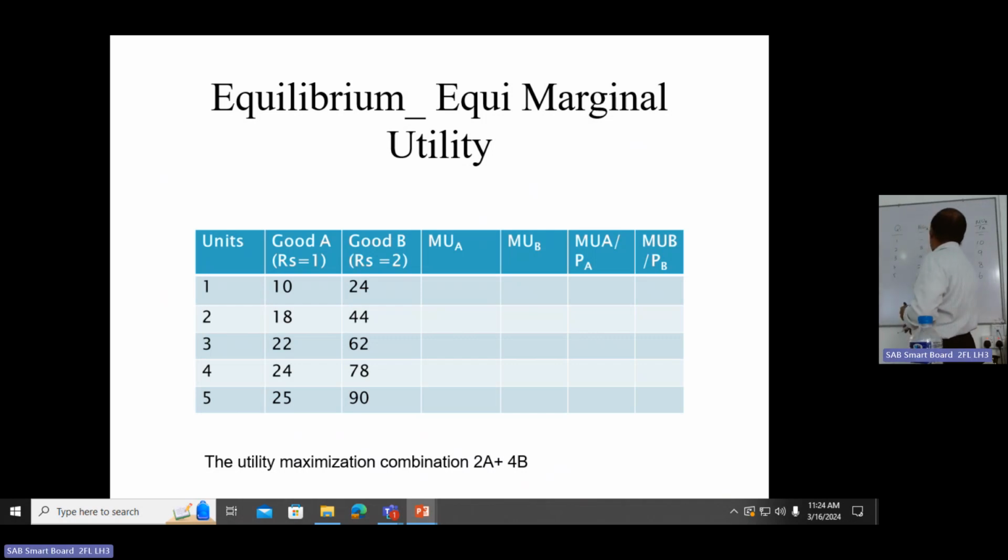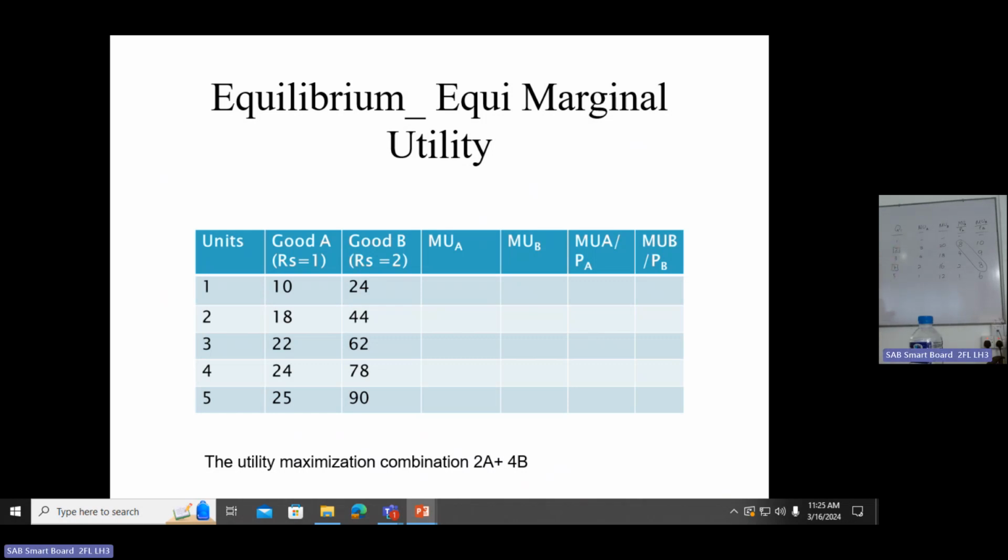The first one is that the marginal utility of money expenditure is equal. Only one combination we can identify: 2 units of product A and 4 units of product B.